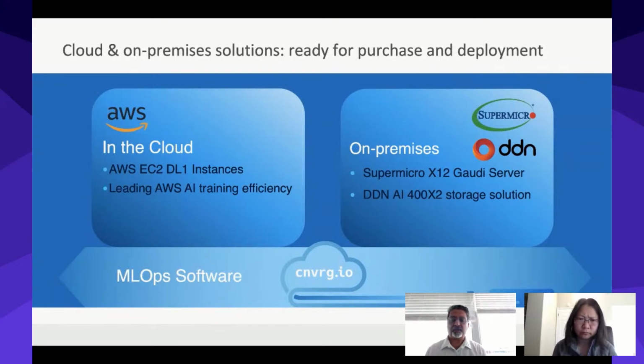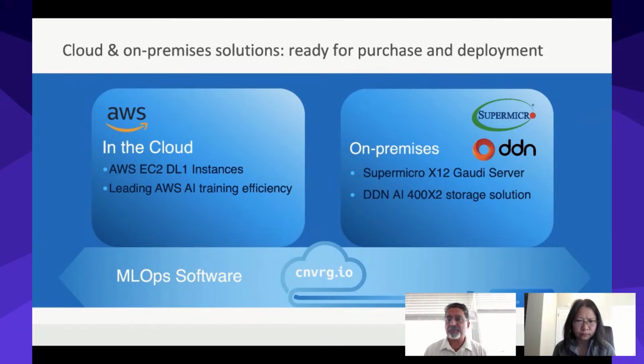Okay, so let's talk about how to gain access to Gaudi processors. As I mentioned before, Gaudi servers are available today within the AWS offering. So any one of you can go to AWS using your account, start up EC2, and spin up a DL1 instance. This will be a server with 8 Gaudi devices on it.